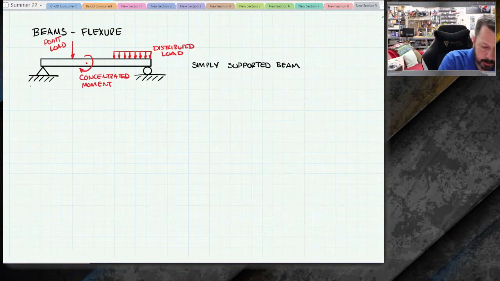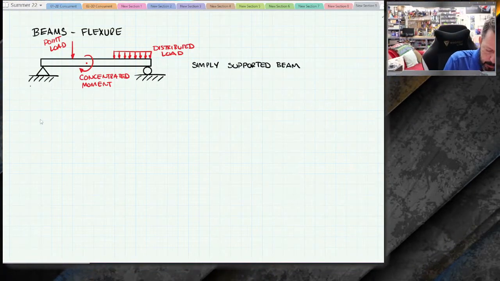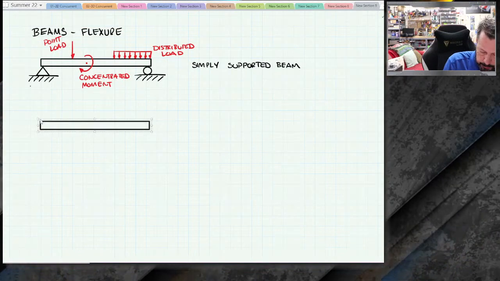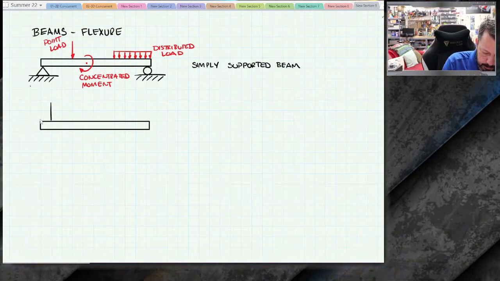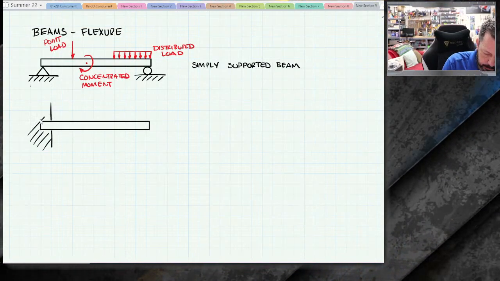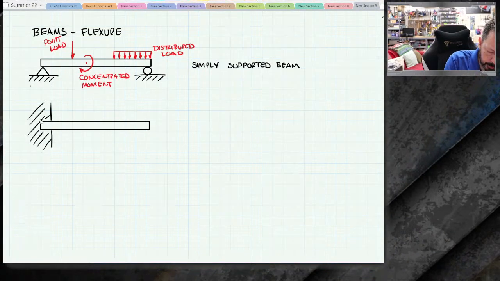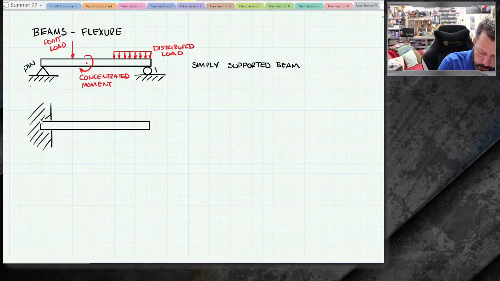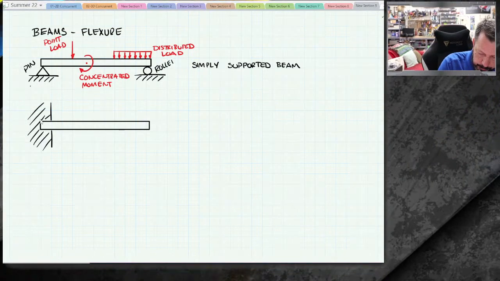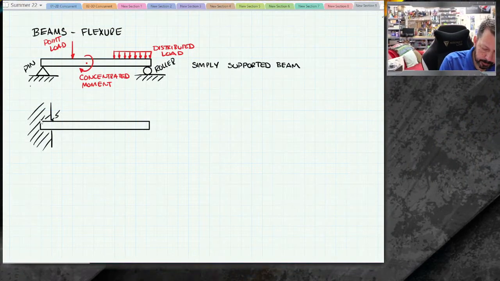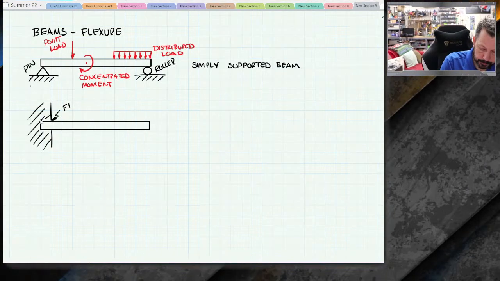Another type of beam that we will also deal with is this kind. So over here we had a pin and a roller. Here we have a fixed support.